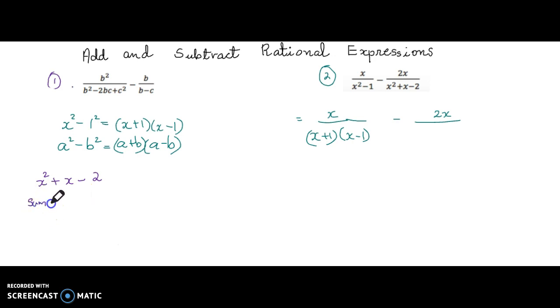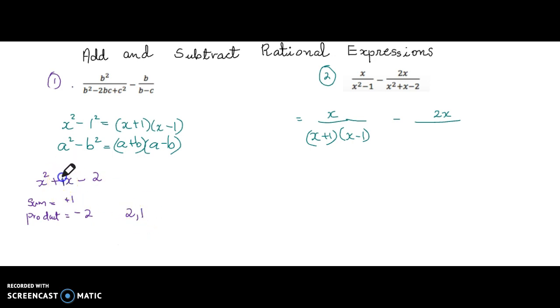You have to find two numbers whose sum is positive 1 and product is negative 2. We know that we can get 2 by multiplying 2 times 1. In order for the product to be negative, one of the numbers has to be positive and one has to be negative. When we add them, we have to get a positive 1.